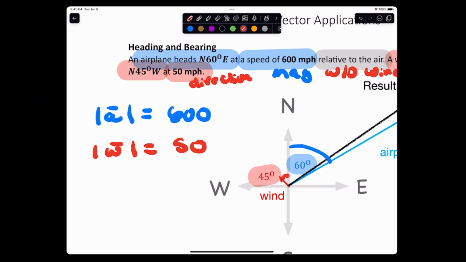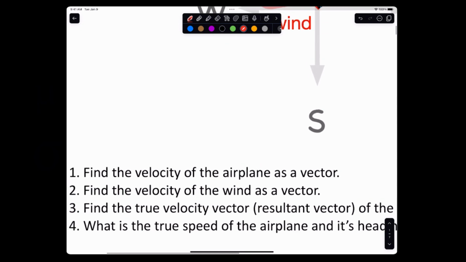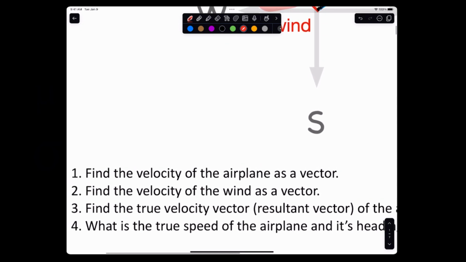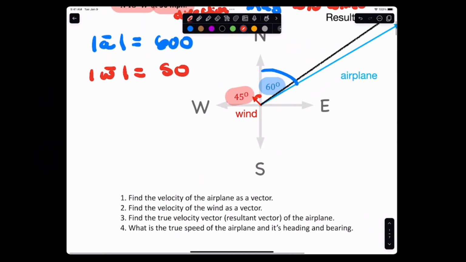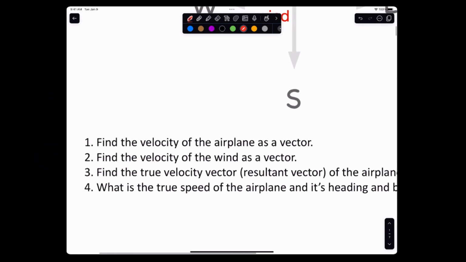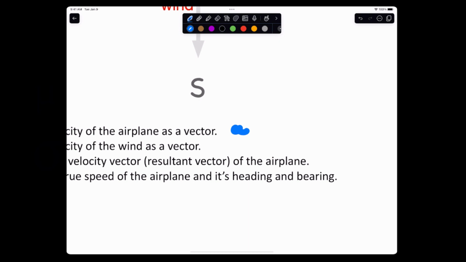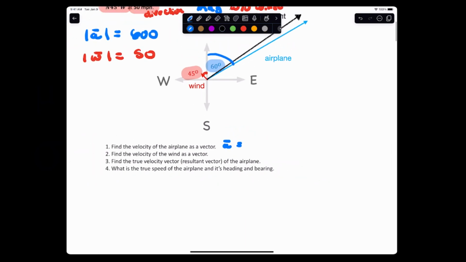You guys see what I'm saying? Now you might say, this seems a little bit like yesterday. Well, the first question is going to be, can you find the velocity of the airplane as a vector? In other words, can you write vector A for the airplane?